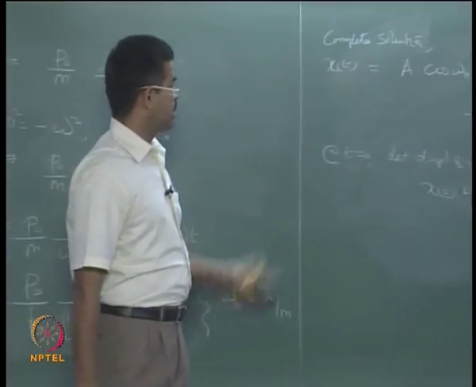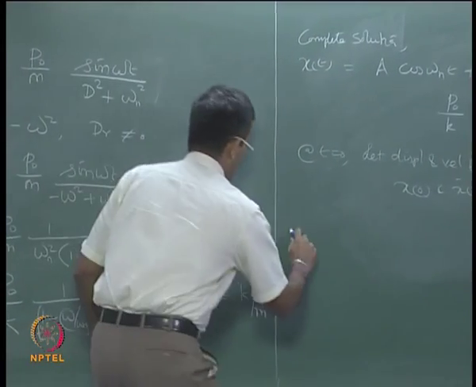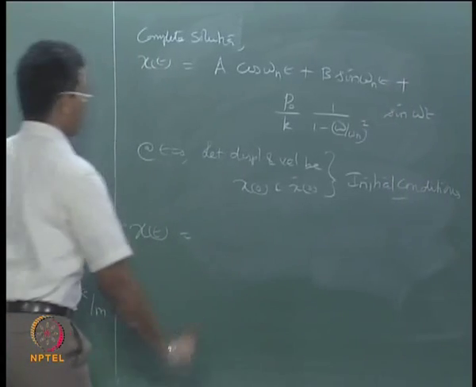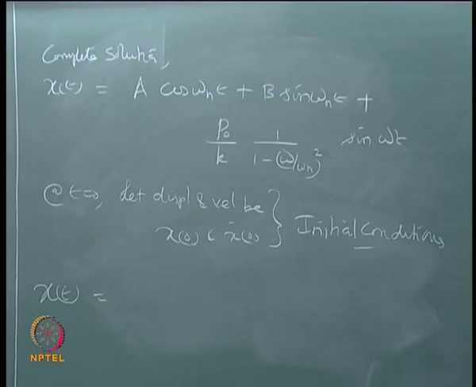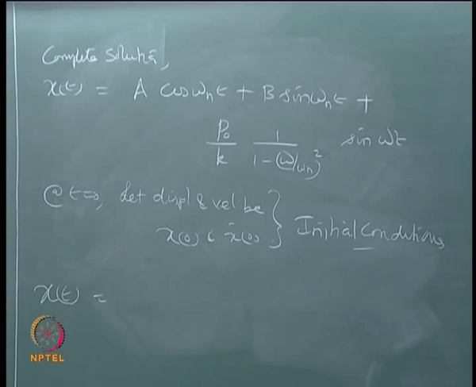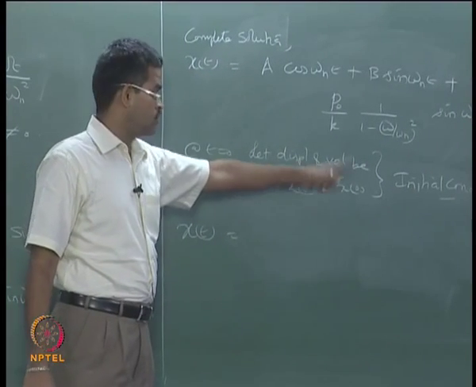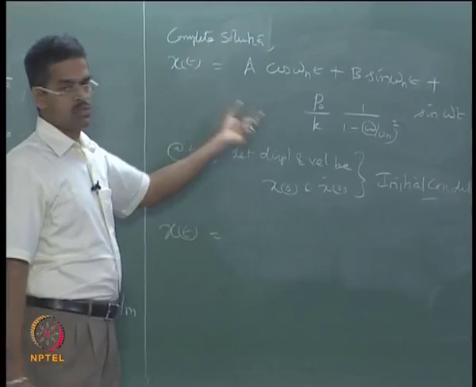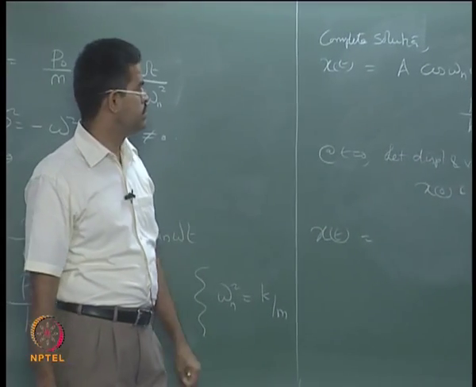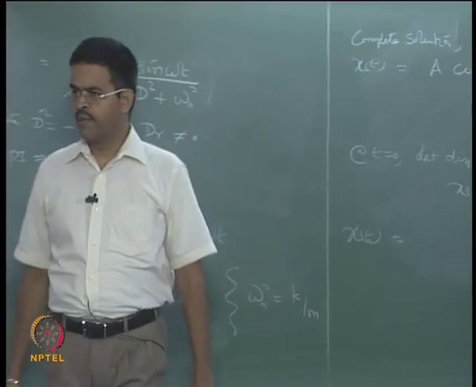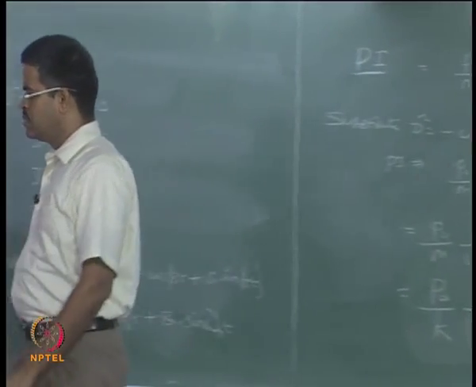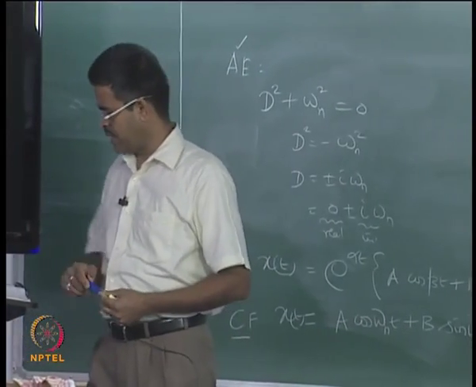I will apply this and try to eliminate a and b, and tell me what is your x of t. You have to differentiate this equation once with respect to time, then use this relationship and find out b. To find out a, of course, you can directly use this. So do that and see what we are going to get as x of t.